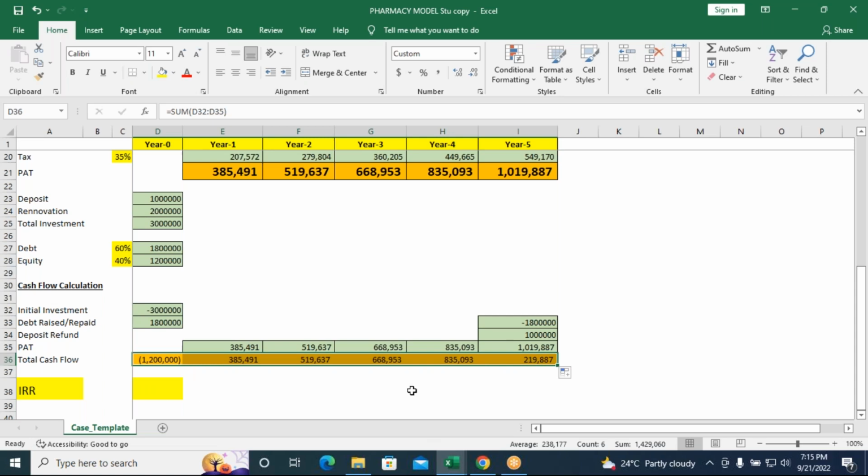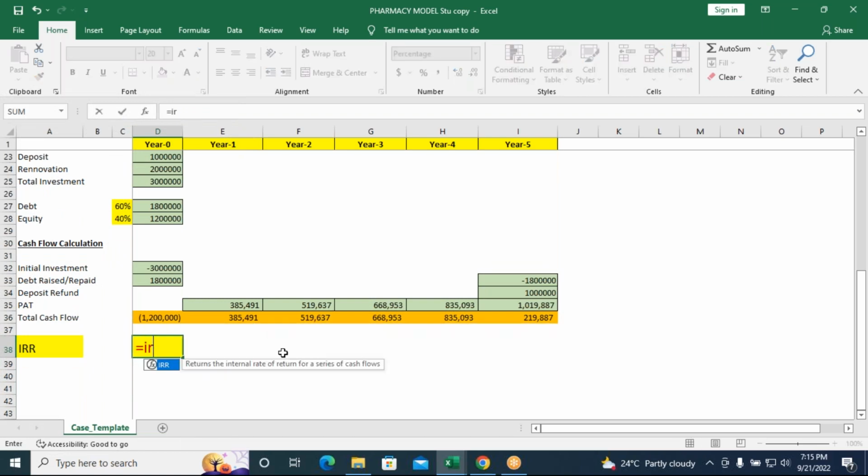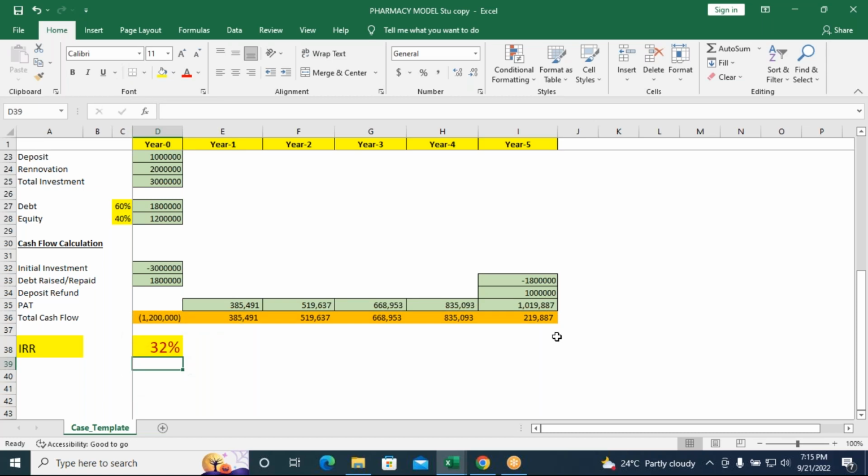My total cash flow for all 5 years is done. Now I calculate IRR, equal to IRR, open the parenthesis, select the cells. So I'll be getting 32% IRR, that is internal rate of return.